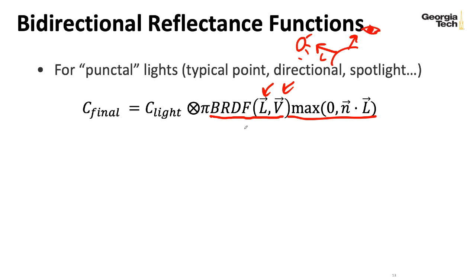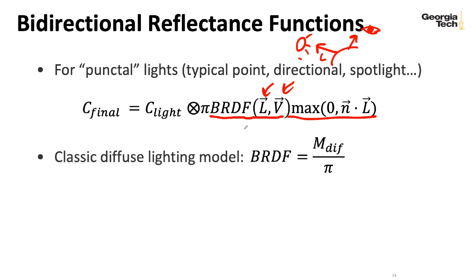Okay, now for the case of diffuse lighting, there's a very simple bidirectional reflectance distribution function, and it's just a constant. It's basically this material color. This allows us to later include specular reflections by having a more complicated BRDF where we can just add some sort of specular term to it and easily incorporate the diffuse reflections that we've already looked at.